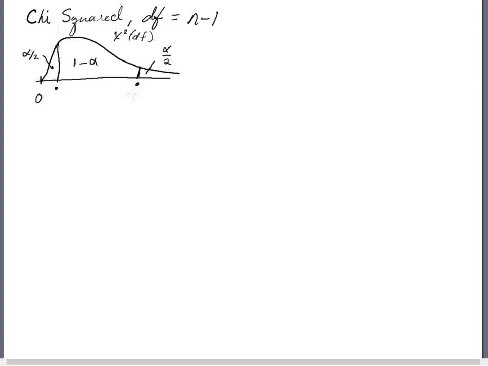Now let's make up some notation for these two dots here. I would suggest, and this follows what your author does, that just for notation we'd call that chi-square. It's on the right hand side, so let's put a little r down here, and then we'll need to specify the degrees of freedom and how much area is to the right. In this example, the area to the right is alpha by 2.